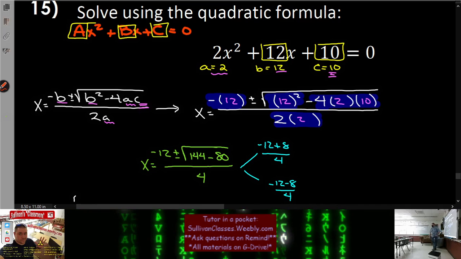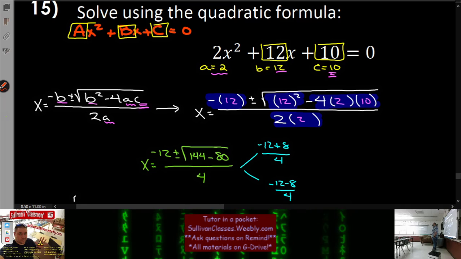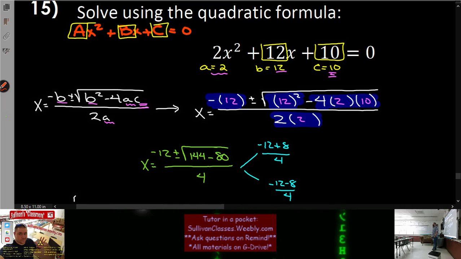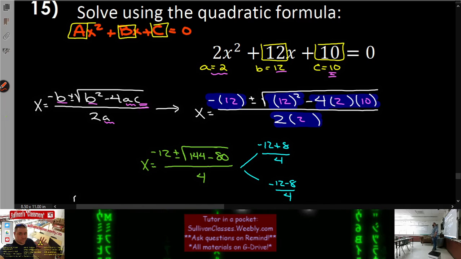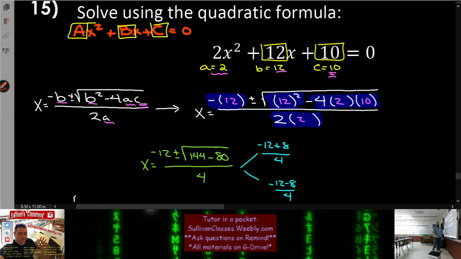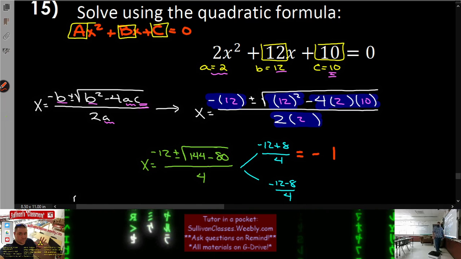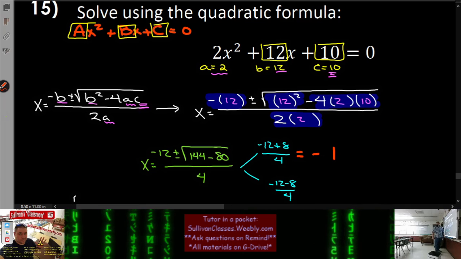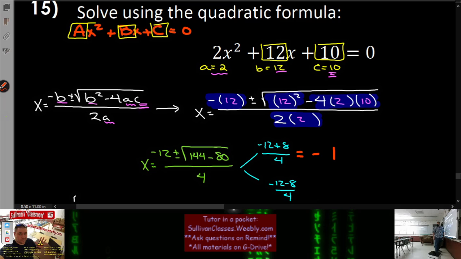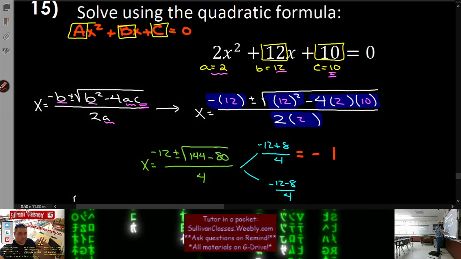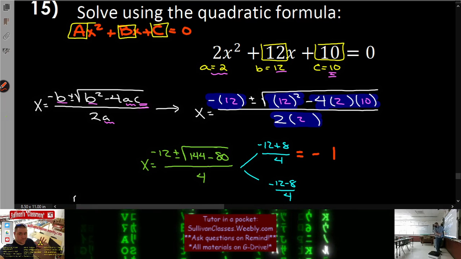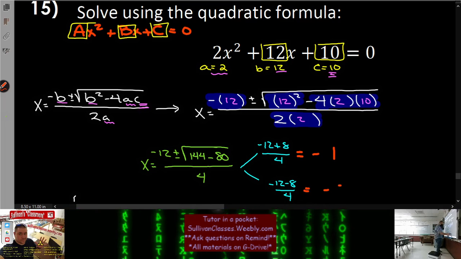Negative 12 plus 8 is what? That would be negative 4. And then divide it by a 4. 1. Yeah, negative. Negative 12 minus 8. You owe me 12 bucks, you borrow another 8. Now we're at negative 20, and then after I divide it by 4 is a negative 5.